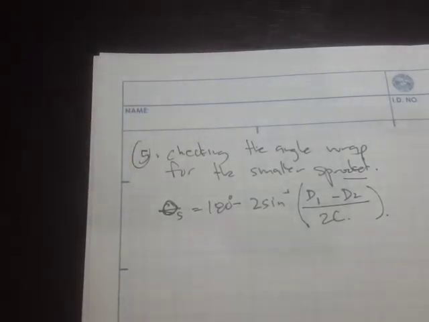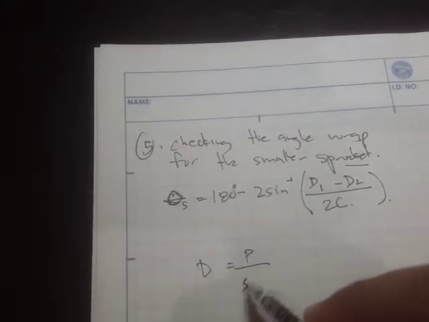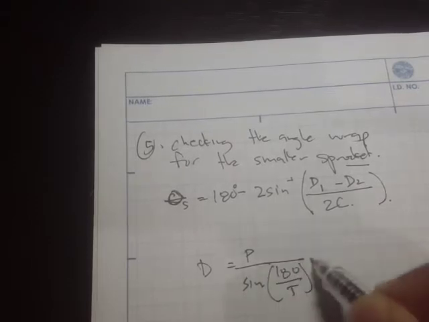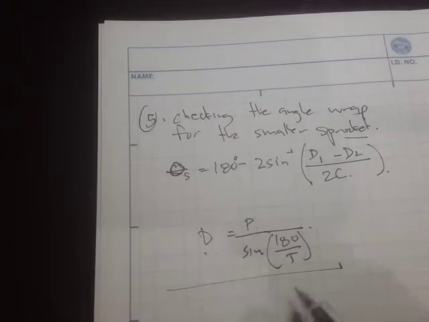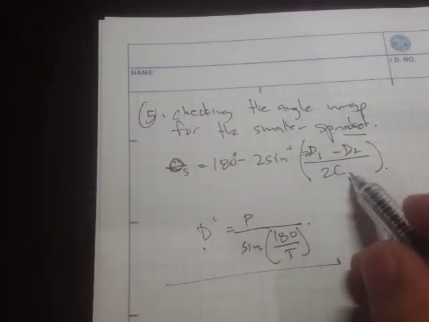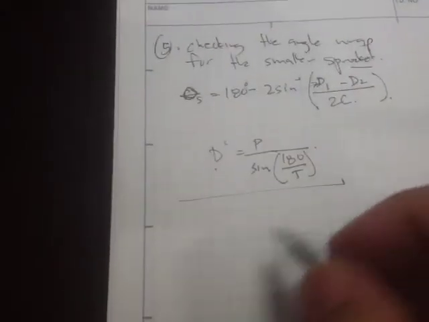Okay, but to solve for this d sub 1, d should be equal to p all over sine of 180 over N. So here's our working equation for d. We need to solve first for d sub 1 and then substitute it here. And this one is the center distance, in terms of the unit length.